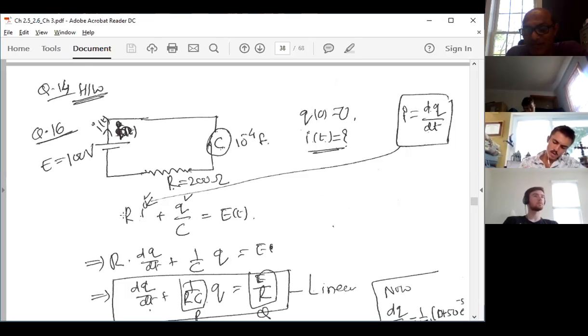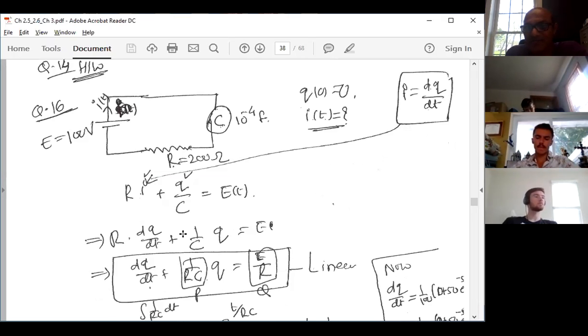If I take the derivative, it is R times di by dt, plus 1 over C, a constant, times dq by dt. And dq by dt is nothing but my I, and the derivative of E, a constant, is 0. So that is the other way of converting your differential equation.